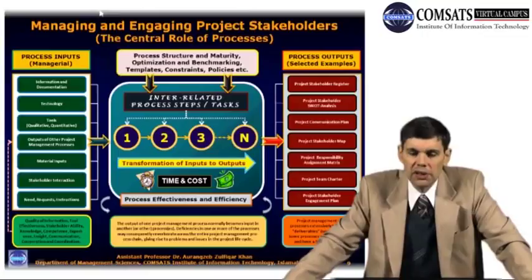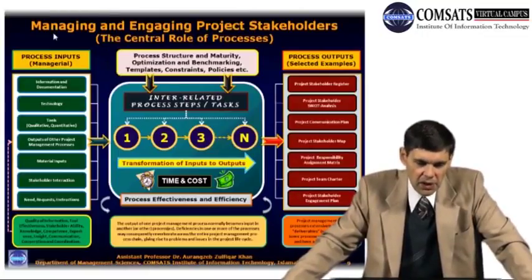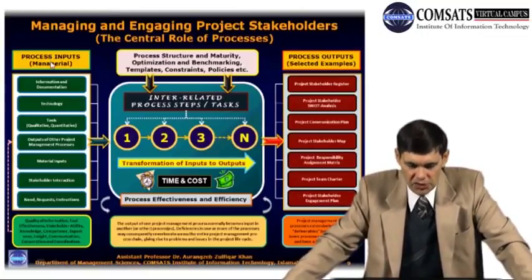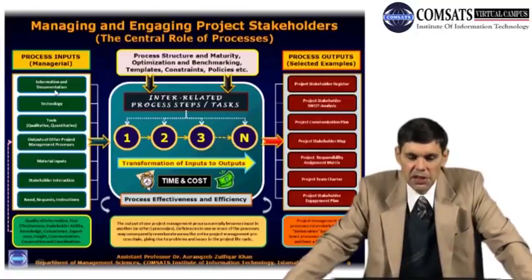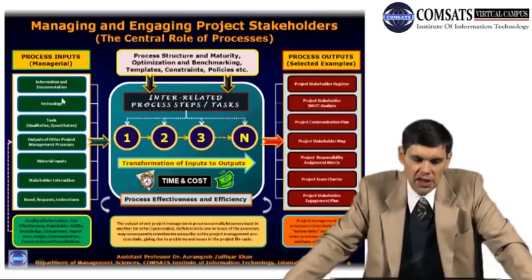In the case of stakeholder management and engagement, there are many process inputs. Like for example, over here I have given information documentation is a very important input in stakeholder management and engagement processes. Technology is there. Tools are there, qualitative and quantitative.